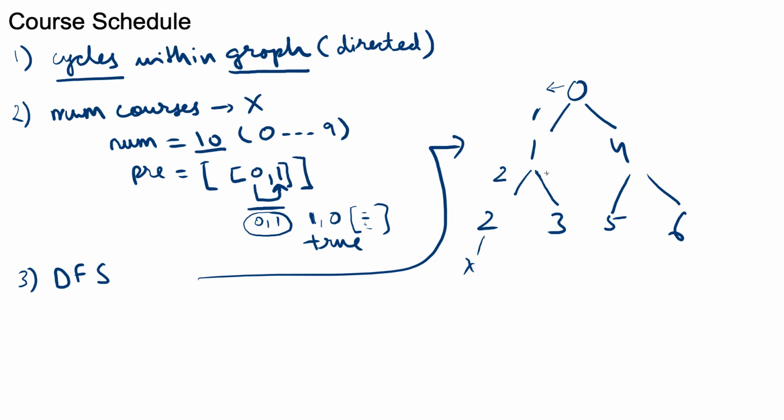So you will go here, then there are no possibilities to go down, so you will backtrack and then go down to 4. From here you will go down to 5, and then you cannot go down further, so you will come back to 4 and again go down to 6, and this way you traverse the entire graph.